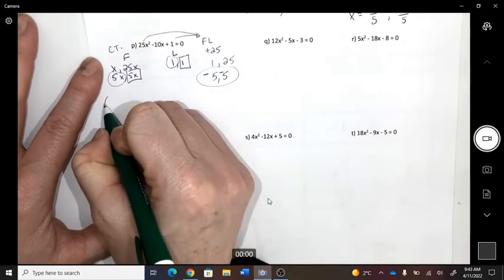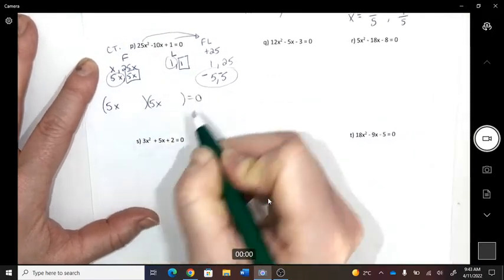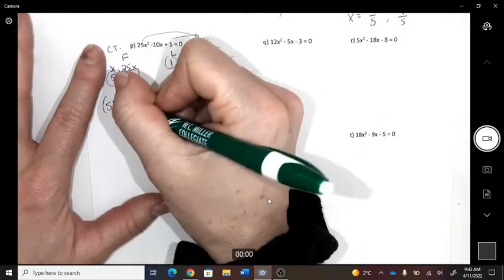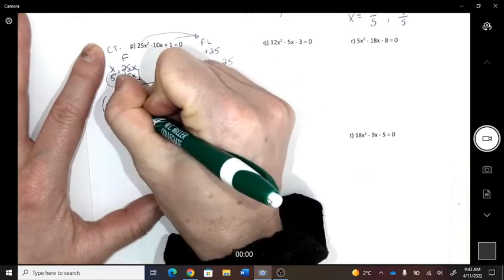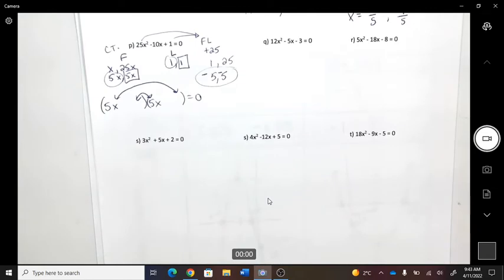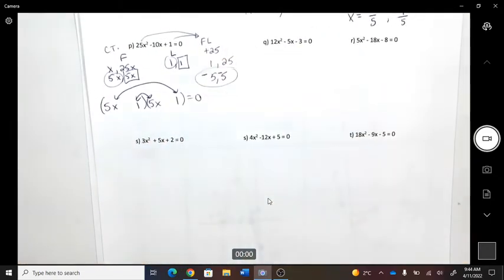Okay, so brackets, I'm going to write the 5x, 5x. And now I'm going to give myself some swoosh marks here to make my partners. Okay, so 5x I put with a 1, and the 5x I put with a 1.